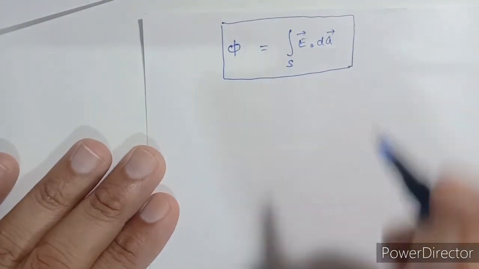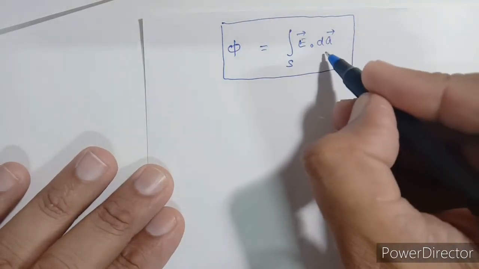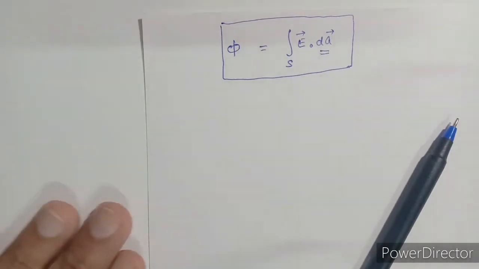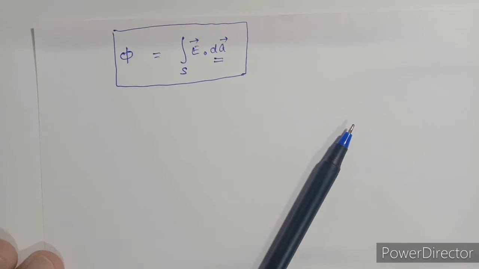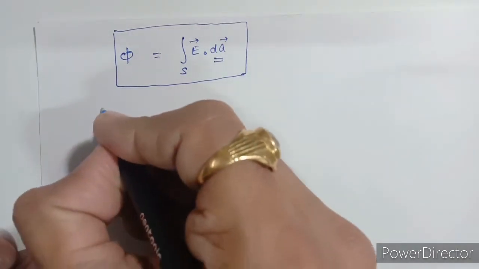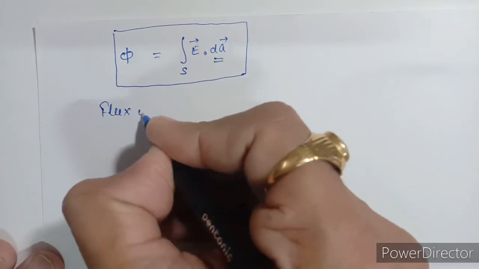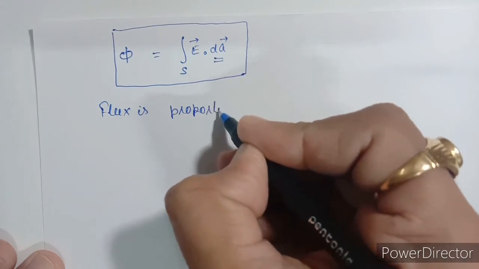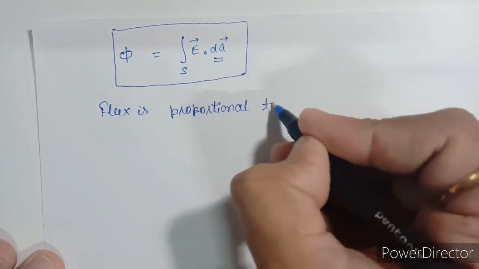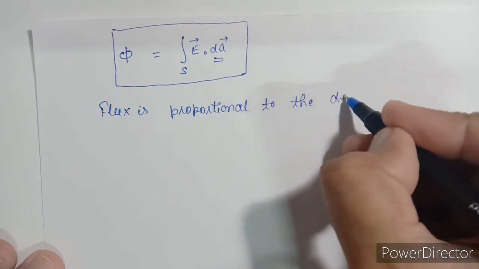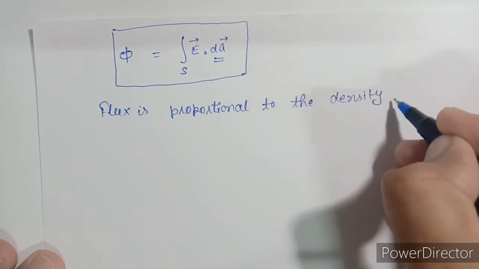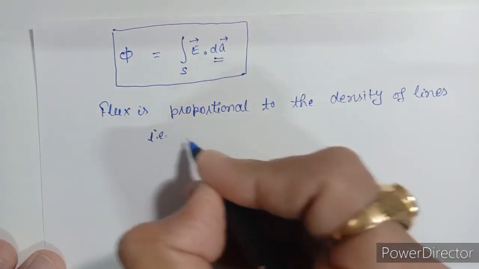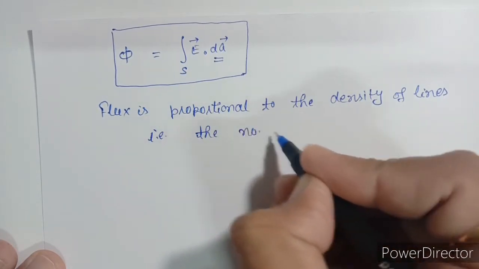Here this dA is the infinitesimal area, and according to this, flux is proportional to the density of lines, that is, the number of lines per unit area.